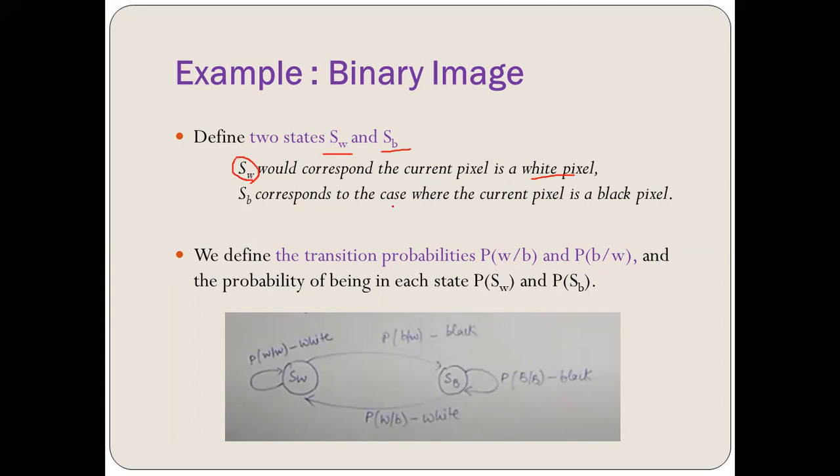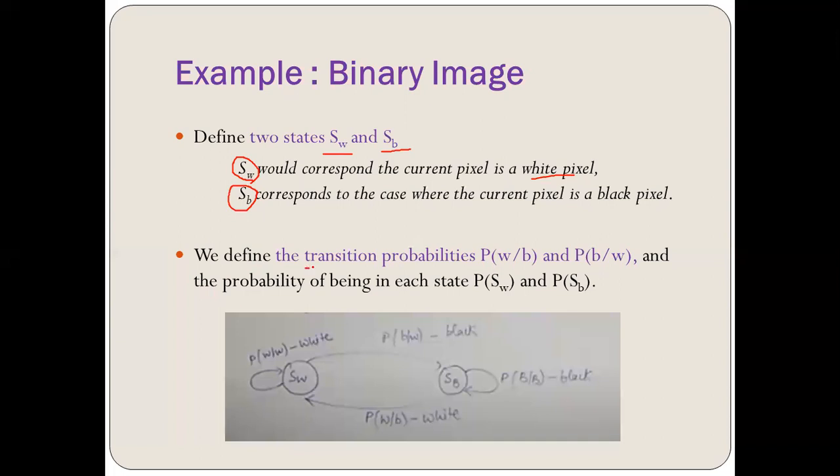SB corresponds to the case where the current pixel is a black pixel. That means if I define SB, at present the current state of the pixel is black. So these are the two states defining the two pixels.